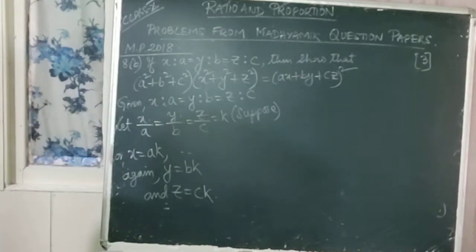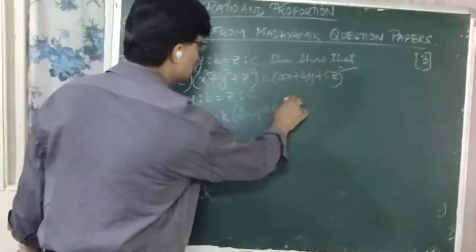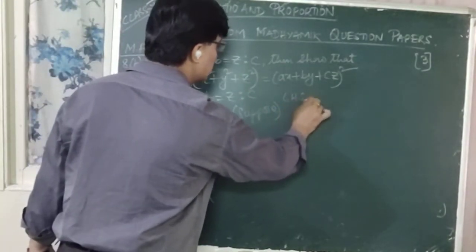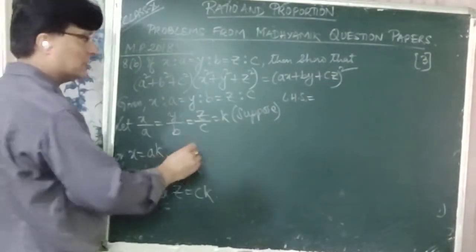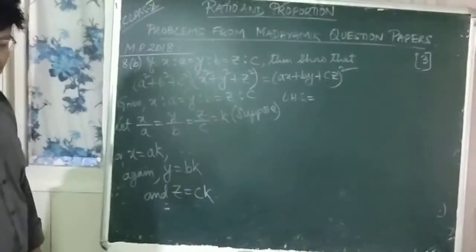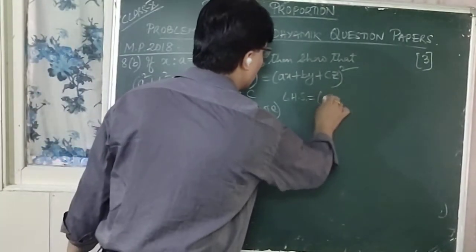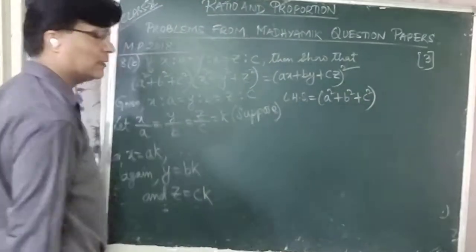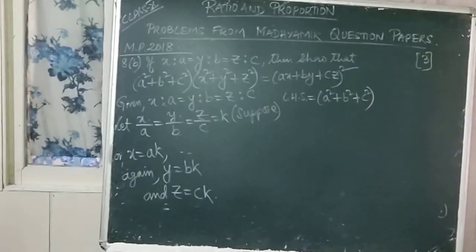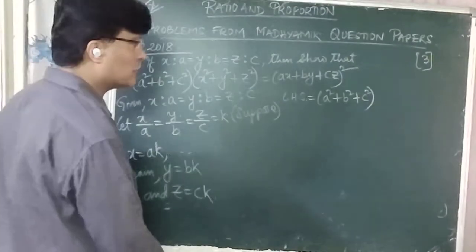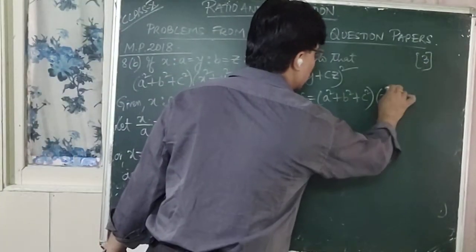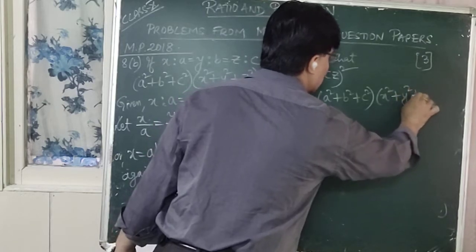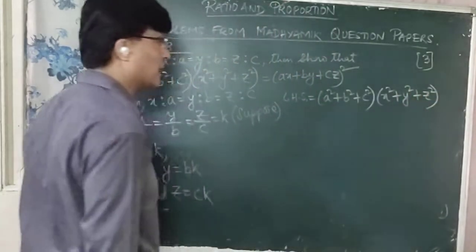Now let us prove LHS is equal to RHS. So let us write down LHS. What is LHS here? Let us copy the left hand side. It is (a square plus b square plus c square) into (x square plus y square plus z square), right?